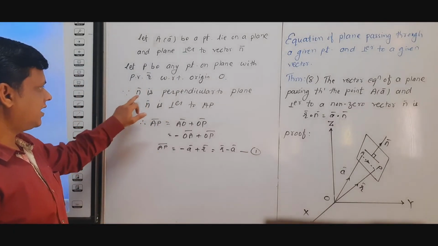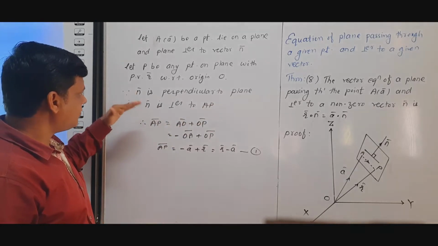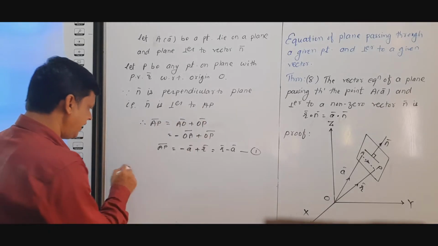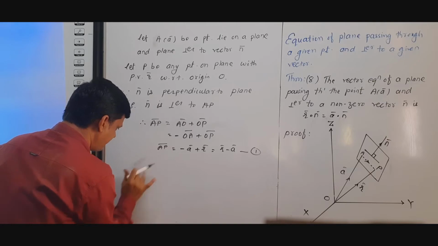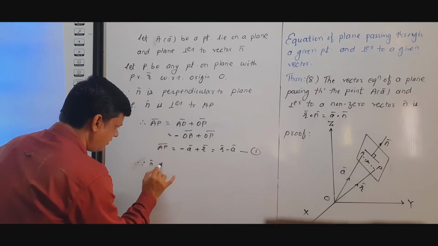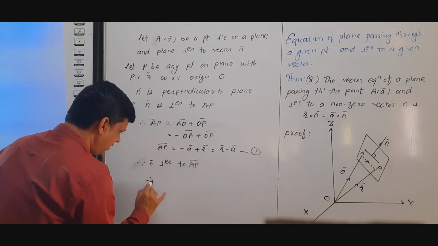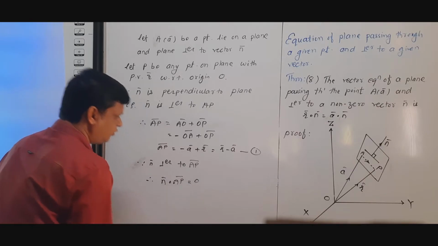Now we write here n bar is perpendicular to the plane. That means this n bar is perpendicular to the vector AP. So we write here, reason: since n bar is perpendicular to AP bar, therefore n bar dot AP bar is equal to 0.